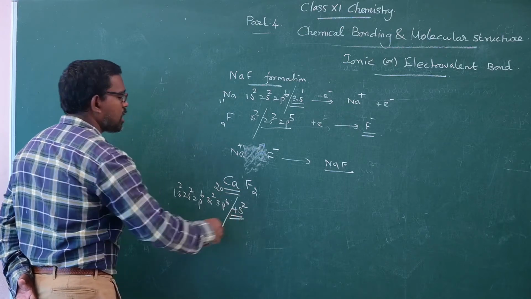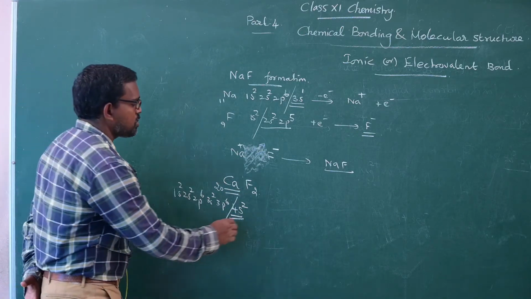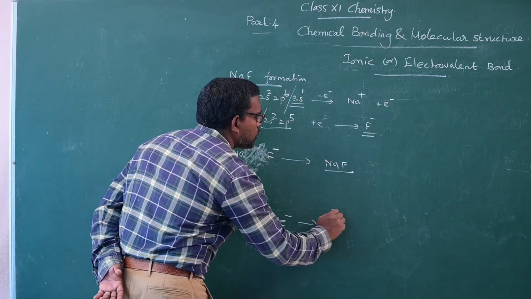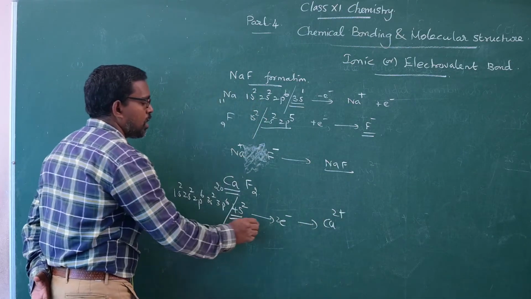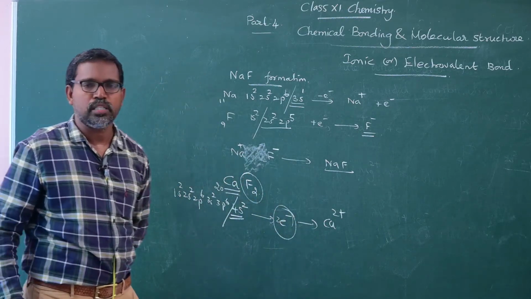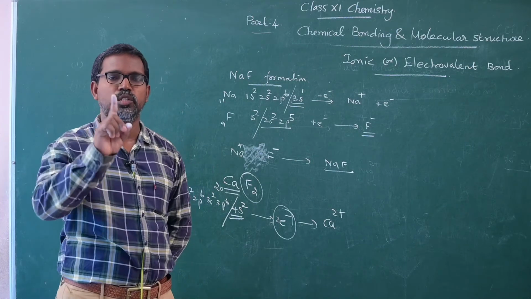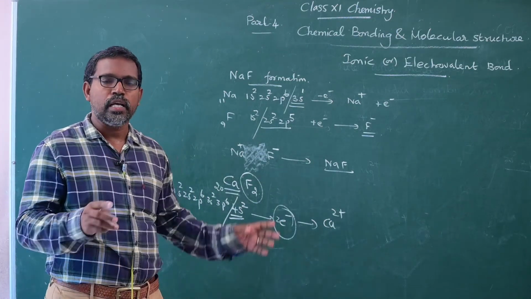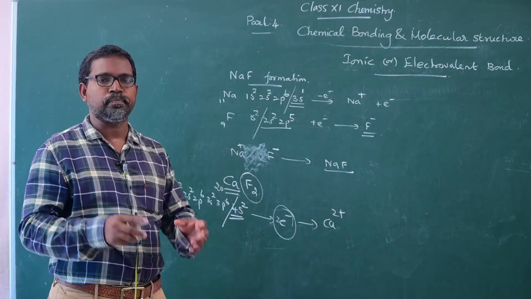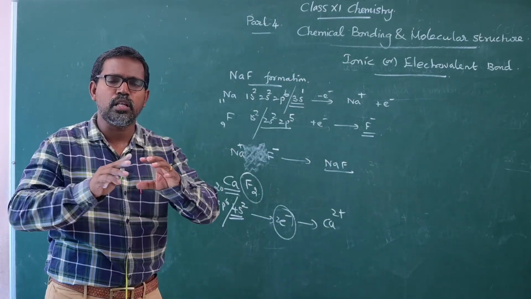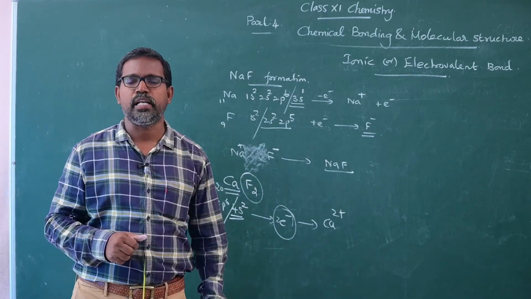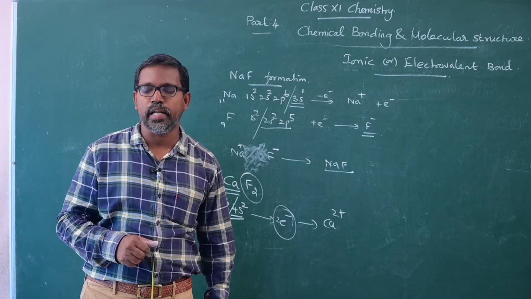So, the valence shell consists of 2 electrons. Suppose we remove the 2 electrons, it attains the Ca2+ configuration. These 2 electrons are received by 2 fluorine atoms, because each fluorine atom requires 1 electron to attain the stable configuration. The 2 electrons lost by calcium are received by the 2 fluorine atoms, forming a strong ionic bond.